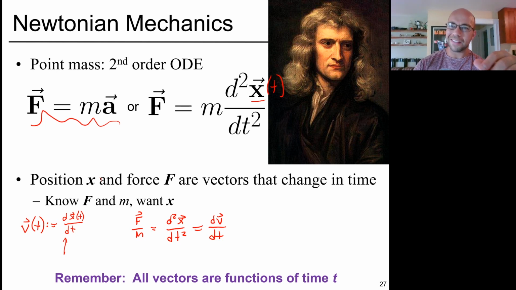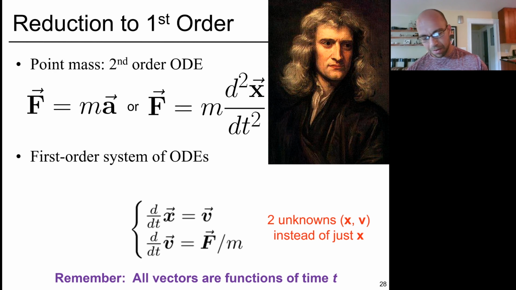Hopefully you all followed what I just did there. All I'm just saying is that rather than writing acceleration as the second derivative of position, I can instead think of acceleration as the first derivative of velocity and velocity as the first derivative of x. Okay, and so if I couple all those things together by the magic of PowerPoint, here's what it looks like.